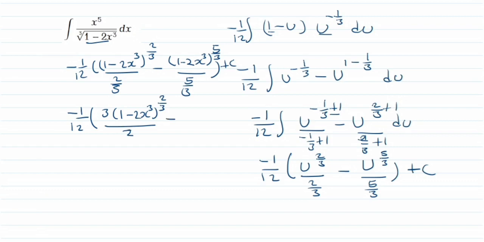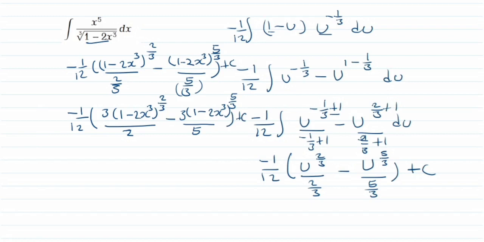Then minus, for this one, is going to be 1 minus 2x to the power 3, to the power 5 over 3. Then since here it's a denominator, we are going to flip it. We are going to have 3 over 5 plus c.